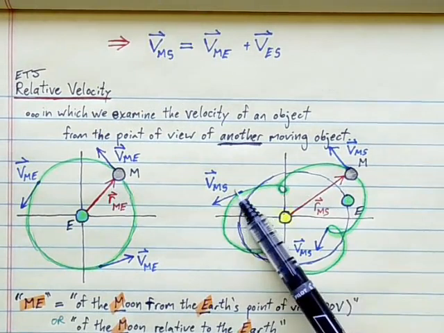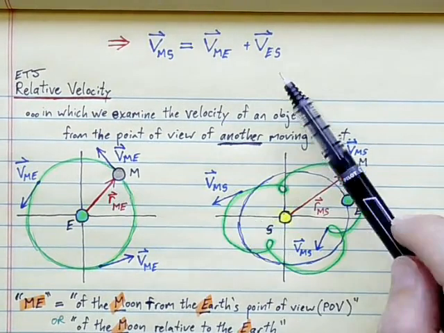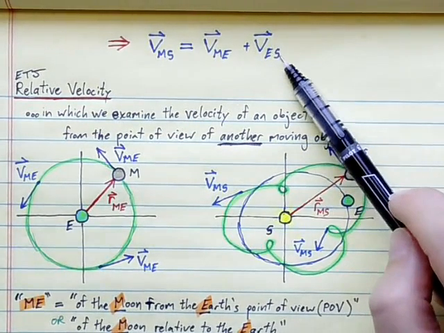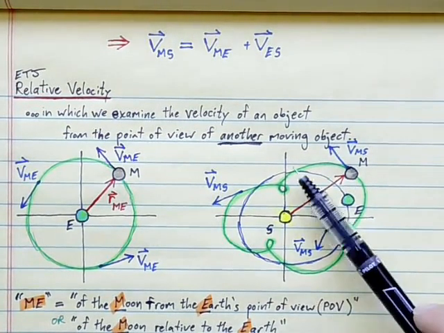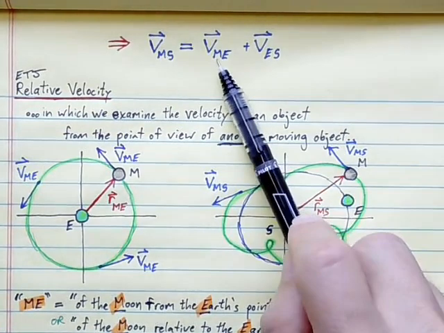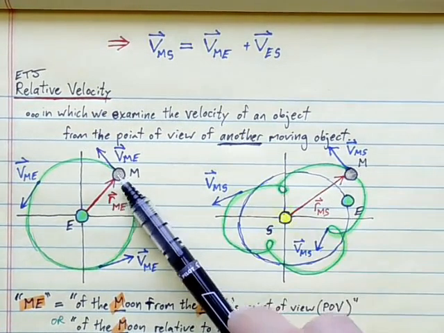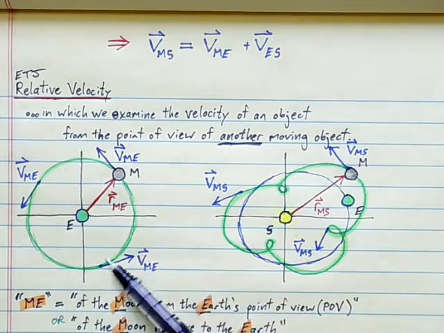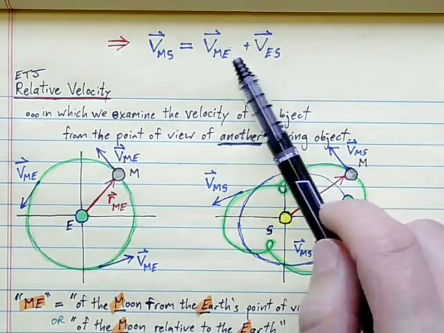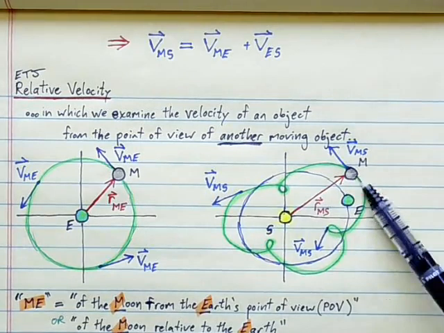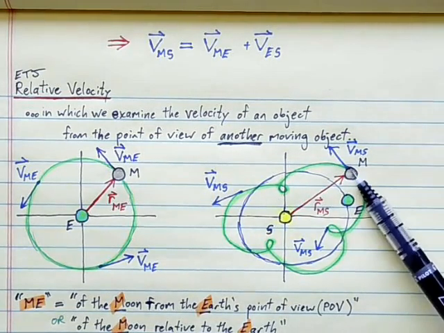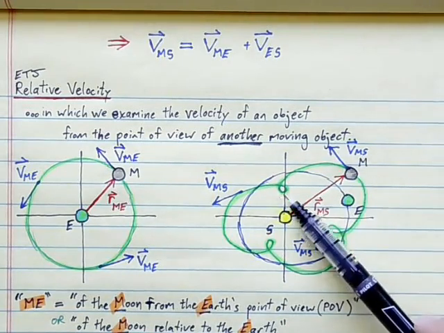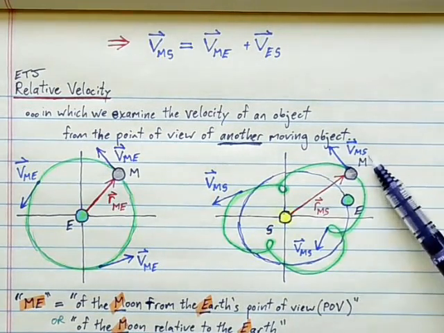That can be found if we know the velocity of the Earth from the sun's point of view, if we know how the Earth is moving around the sun, and we add to that the velocity of the moon from the Earth's point of view, so how the moon is moving from the point of view of the Earth. Add those together, and we'll get this spiral behavior here. The resulting velocity of the moon, that's the complex velocity of the moon with the retrogrades and everything, from the sun's point of view.